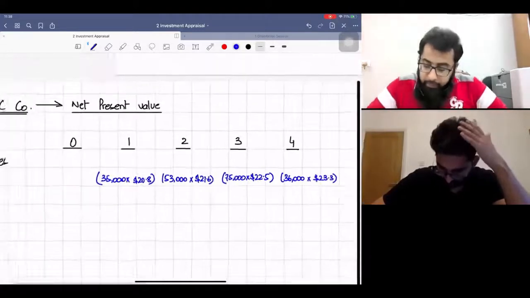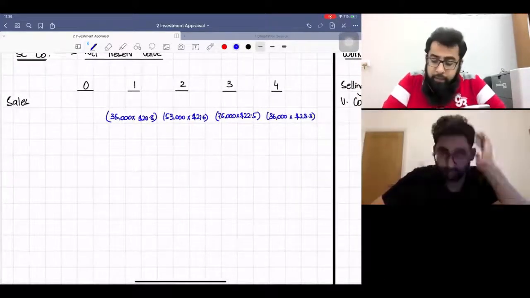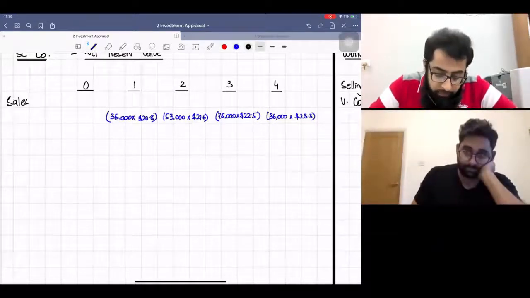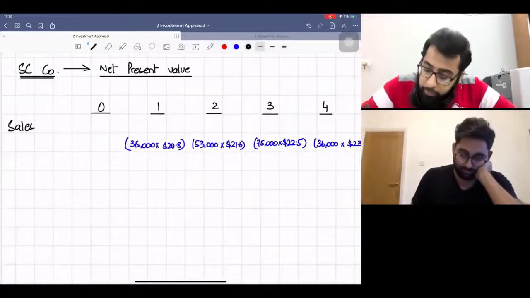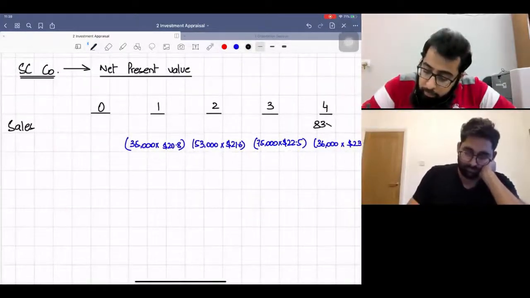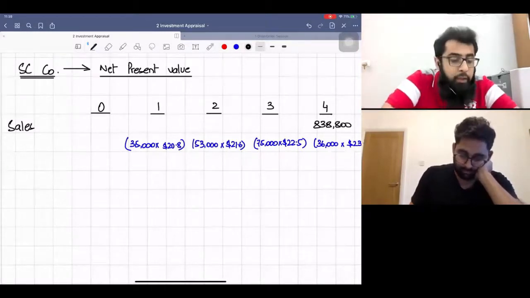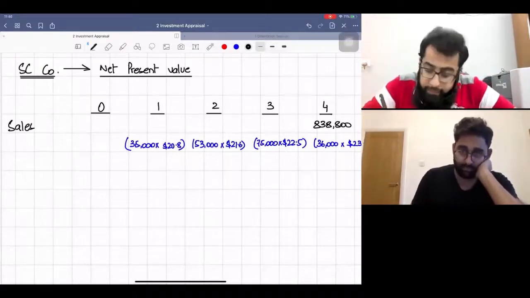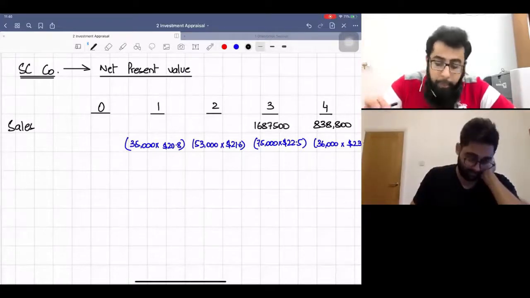So let's calculate the sales. The last year's sales are 838,800. Then 75,000 into 22.5 is 1,687,500.